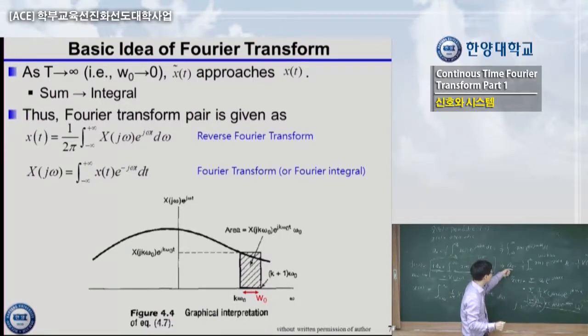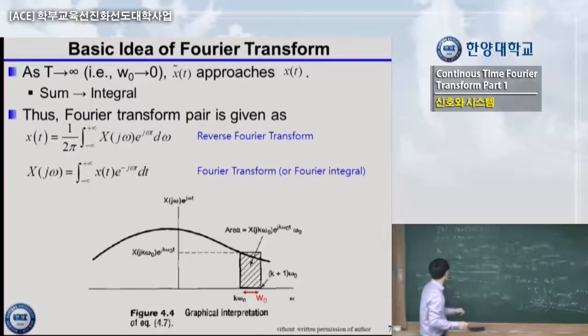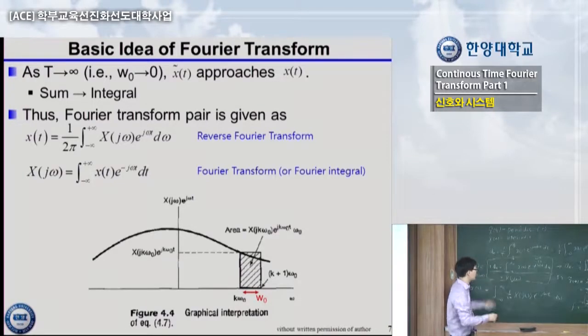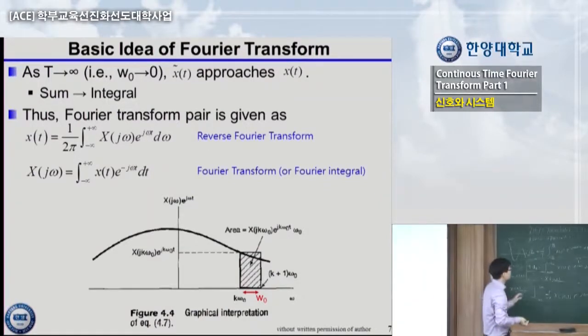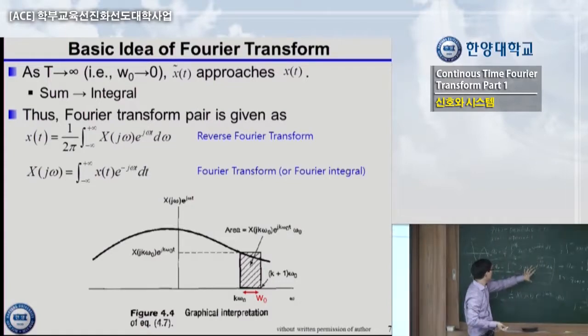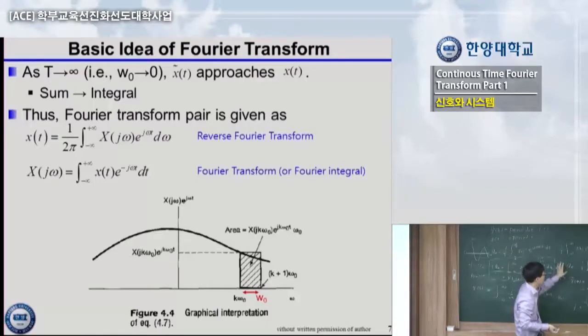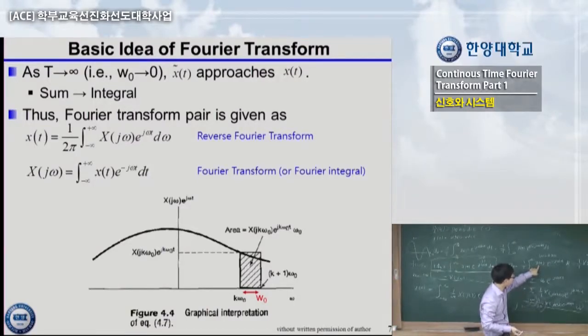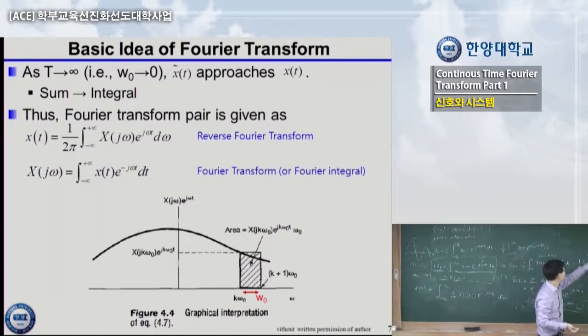We define a_k, and figure out that this makes those lines, and at k omega 0 we pick a point here, and in this line they can be represented in this way. From here we go back to our periodic signal, where we find a_k now using x(t) instead of x tilde(t), and which is given like this.